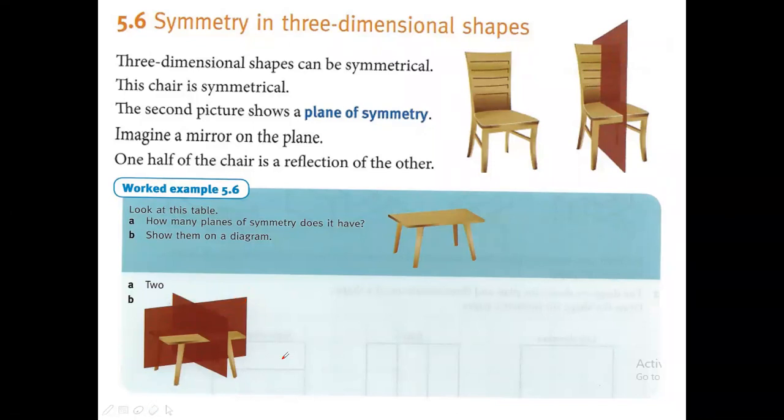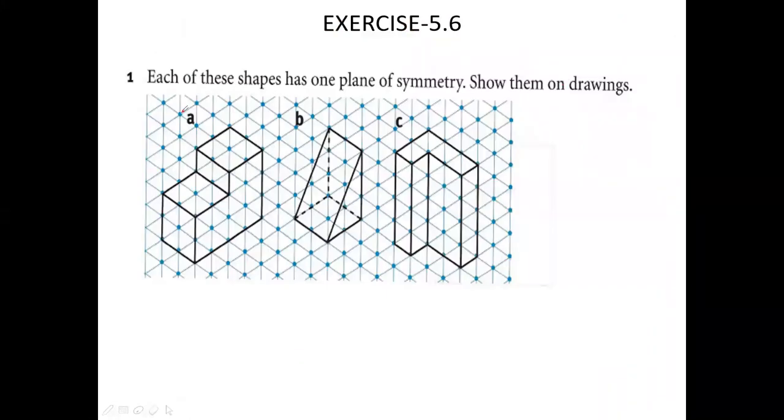Now let's see the exercise. Each of these shapes has one plane of symmetry. Show them on drawings. So how we can show it on drawings, we are going to see now. Suppose we take this first figure.